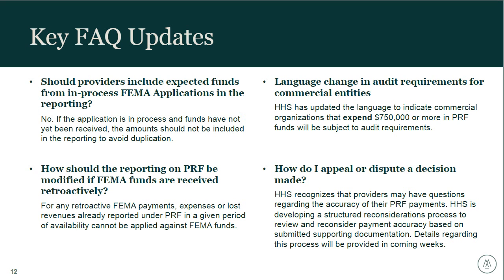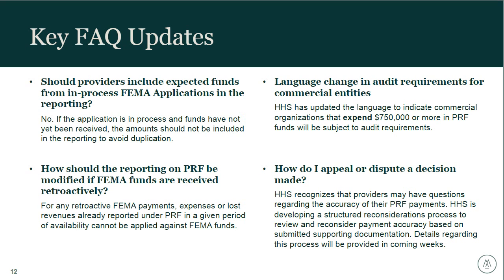But one thing we wanted to highlight, for the commercial entities, up until I think this FAQ, or the June post-payment notice, HHS's language for commercial entities as far as whether or not the PRF funds would be subject to the audit requirements used the term received, which was different from the language in the Single Audit Act requirements, which is whether organizations are expending $750,000 or more in federal grants.